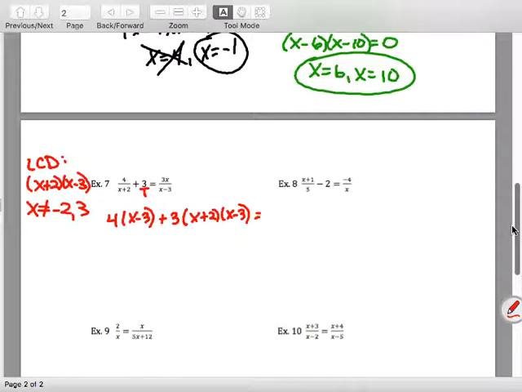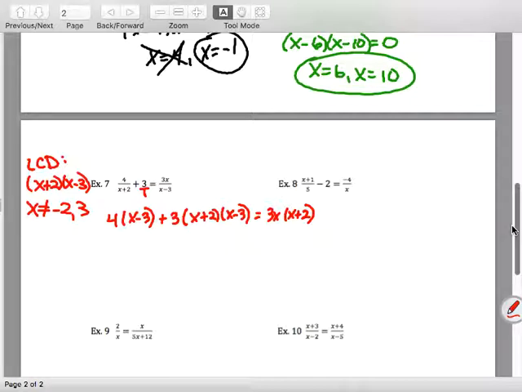I said you multiply everything on the left, everything on the right. And then that'll be 3x times x plus 2. I want to make sure that you're hearing and understanding me clearly. You have to multiply everything by that LCD. If there is no denominator on one of the terms, that means nothing canceled.